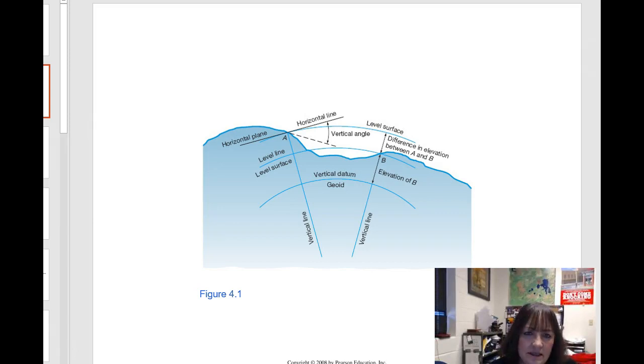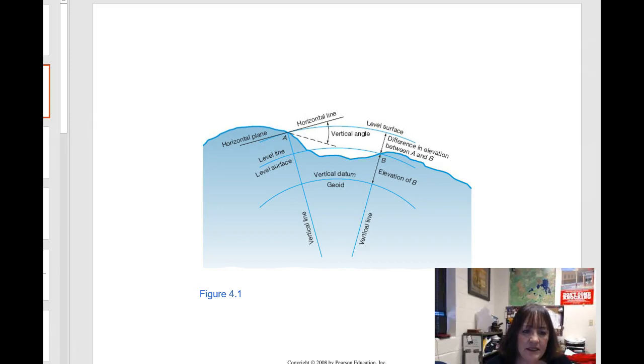Lake Powell is the lake that is impounded behind a dam at Page, Arizona, and the elevation of Lake Powell is 3,652 feet. What that really means is that whatever this mean sea level is, Lake Powell exists 3,652 feet above it.